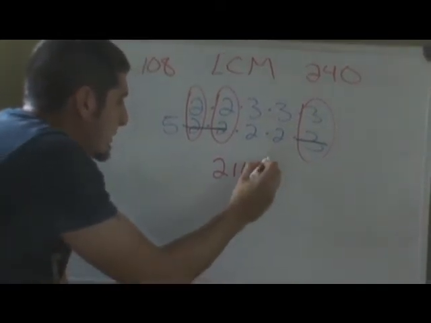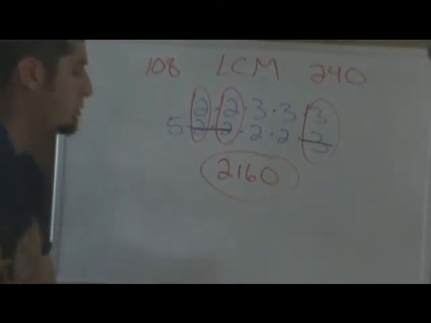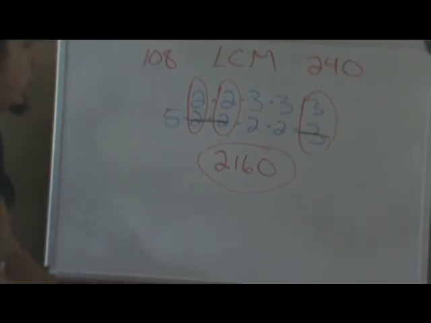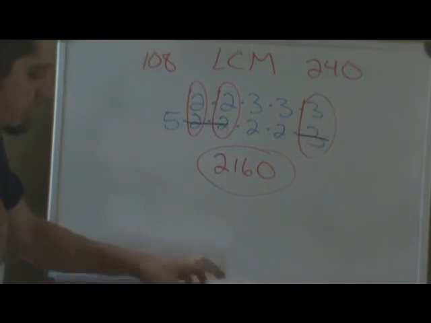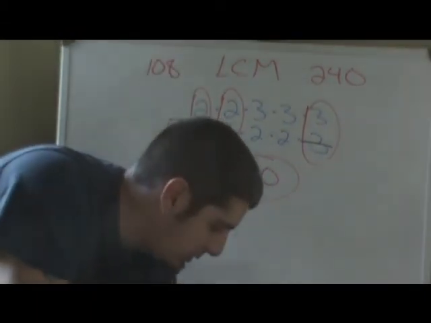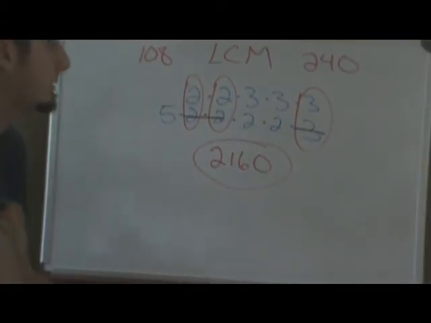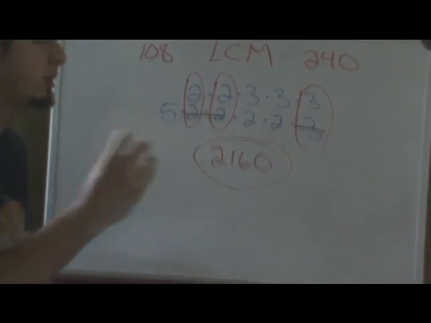So the LCM of these two numbers is 2160. Okay, that's a big LCM, but some numbers, that's the way it works. Their LCM doesn't necessarily have to be close to them.